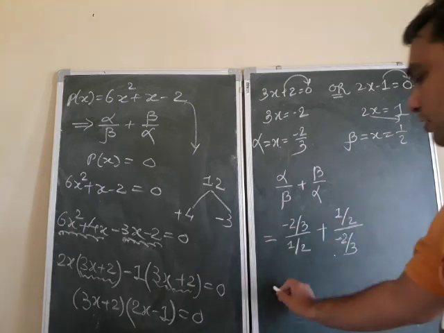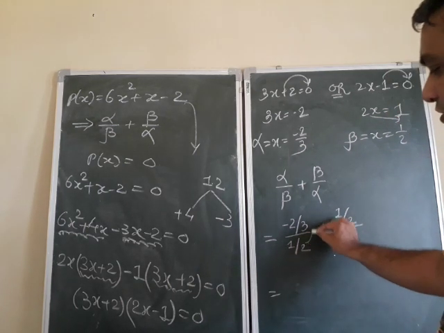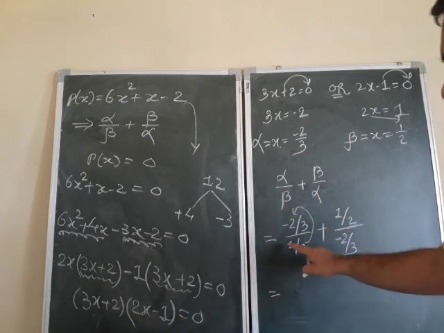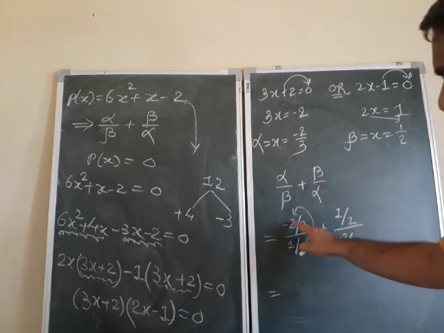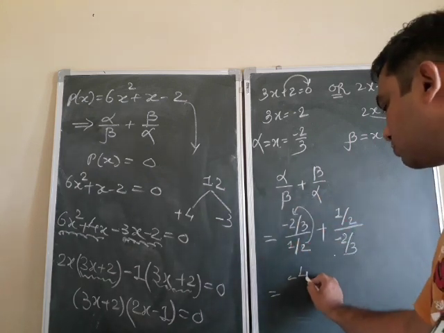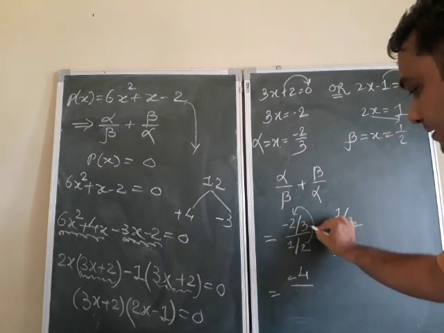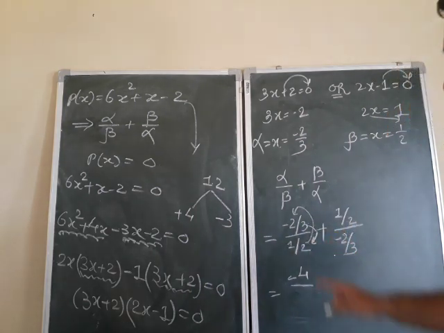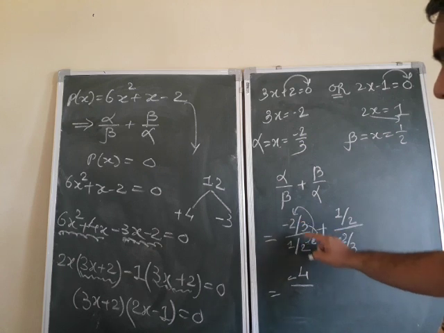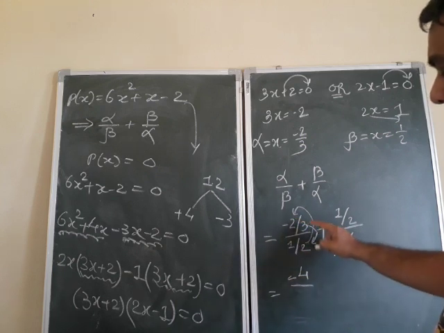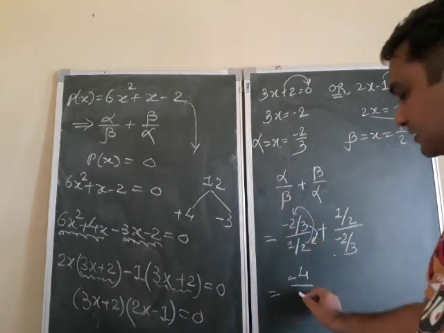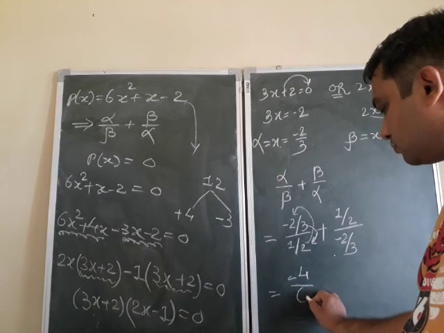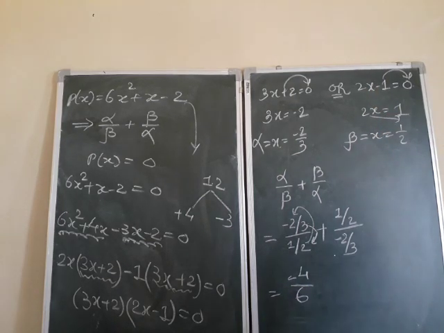Okay, is equal to, now this 2 comes in the denominator because it is denominator by denominator. So 2 into 2 is minus 4. This 3 comes in the denominator, this 2 comes in the numerator, sorry, so minus 2 into 2 is 4. This 3 comes in the denominator, so 3 2s are 6. Okay.